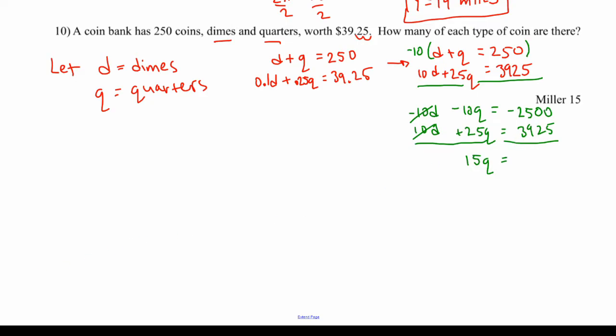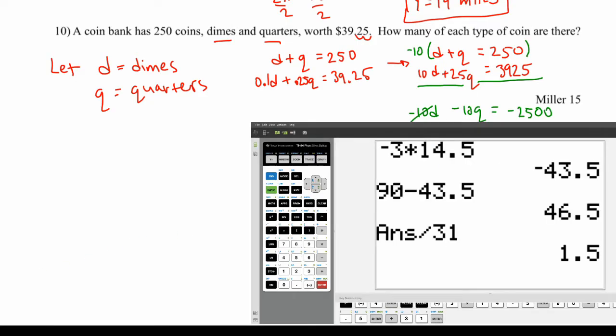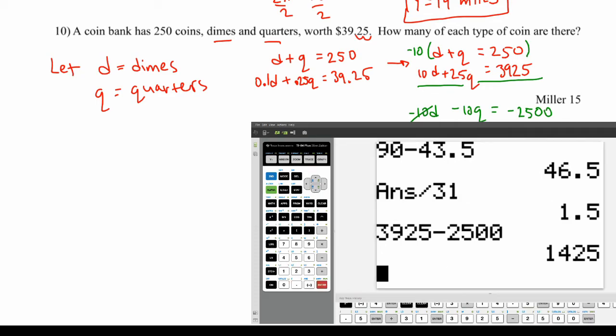Let's see what that comes out to. So I'm going to write this as 3,925 minus 2,500, 1,425. Divide both sides by 15.